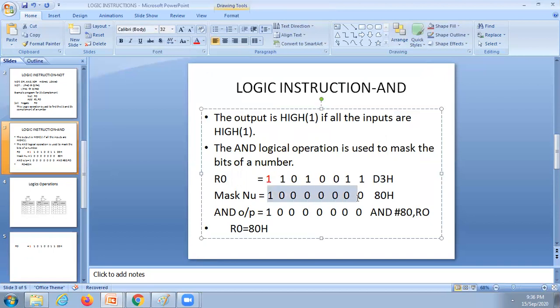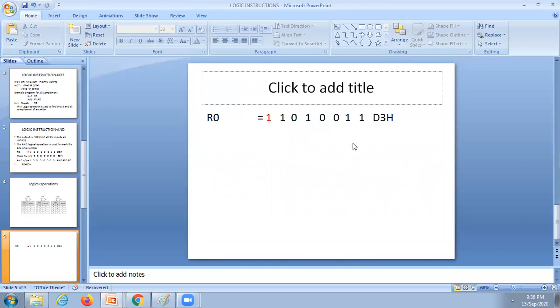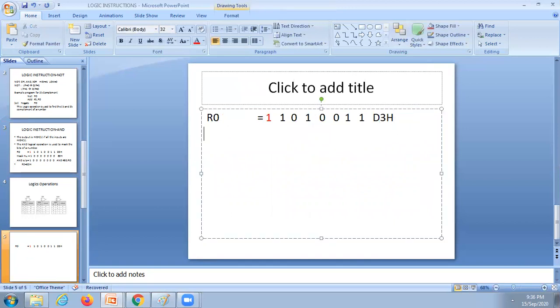Then we make it an OR operation: OR #80, R0. Now for this instruction, what will be the output?